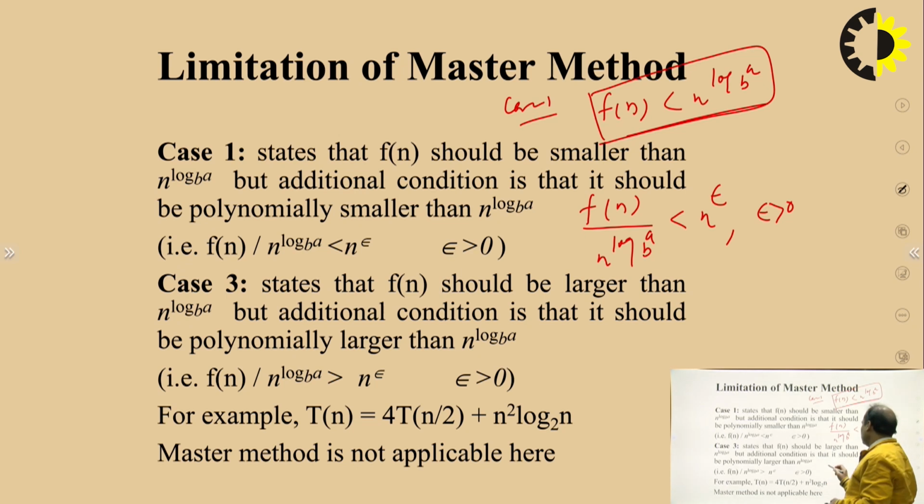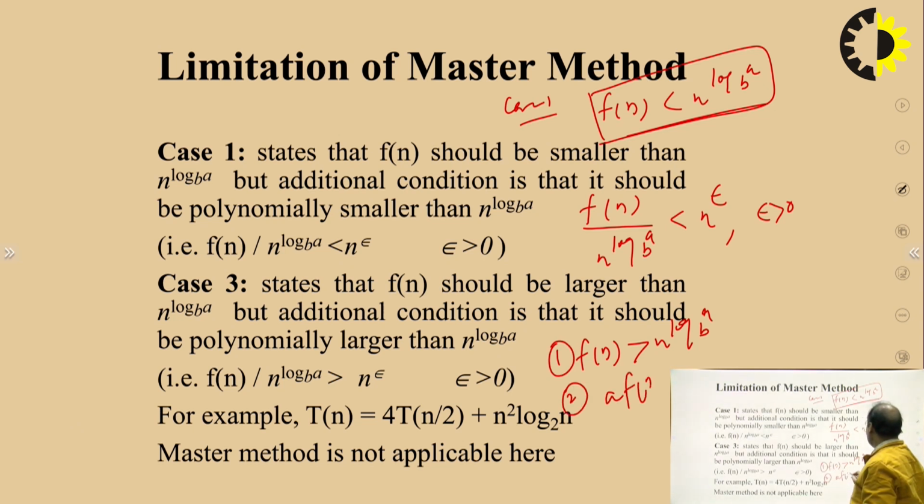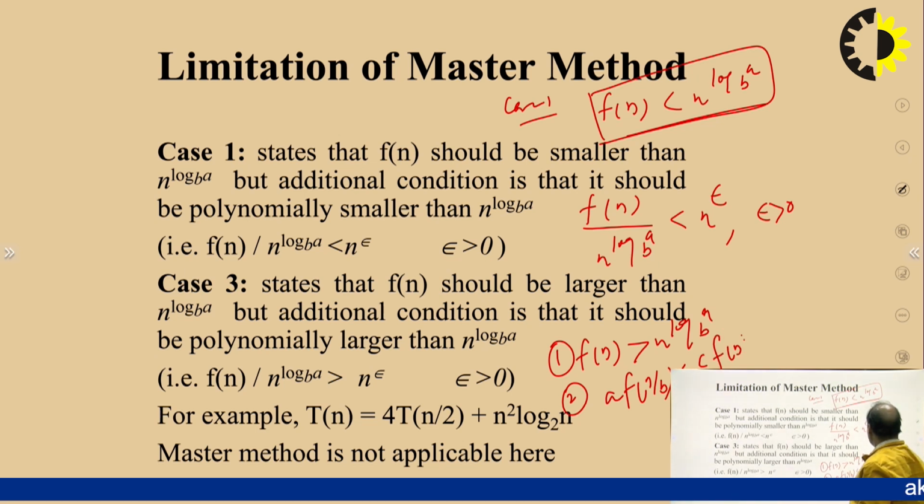In case 3, we are checking three conditions. Number 1, f(n) greater than n to the power log a base b. Condition number 2 is a f(n/b) less than or equal to c f(n), where c is strictly less than 1. This is the regularity condition. Number 3, we also check whether f(n) is polynomially larger than n to the power log a base b or not.